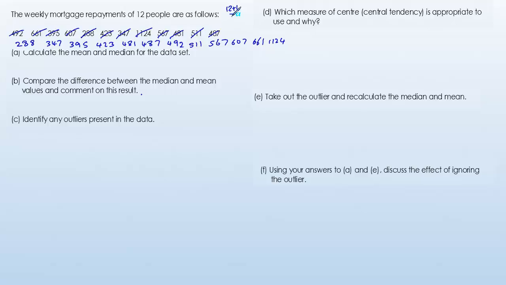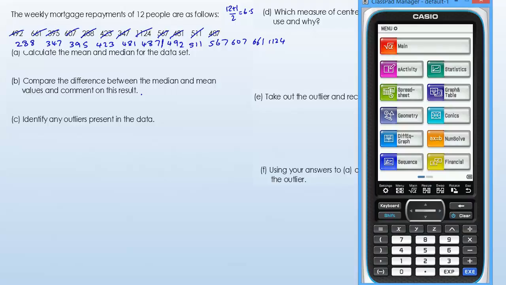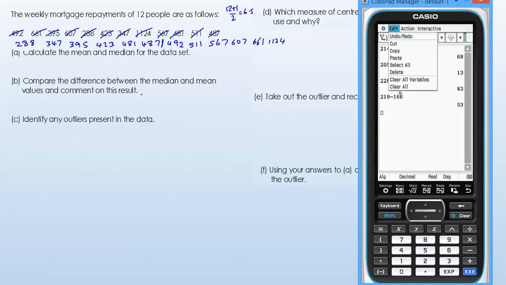12 plus 1 divided by 2 is 6.5. So between the 6th and 7th pieces of data, halfway between 487 and 492. So we can find that by averaging those.